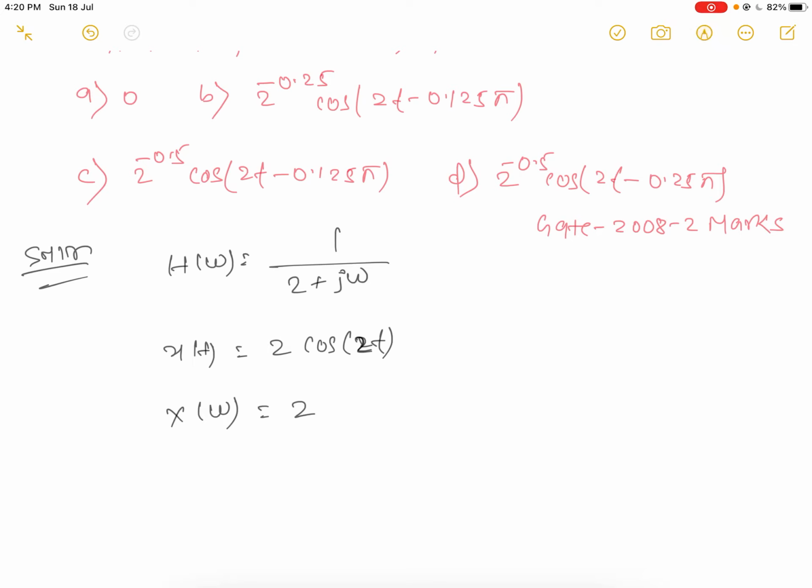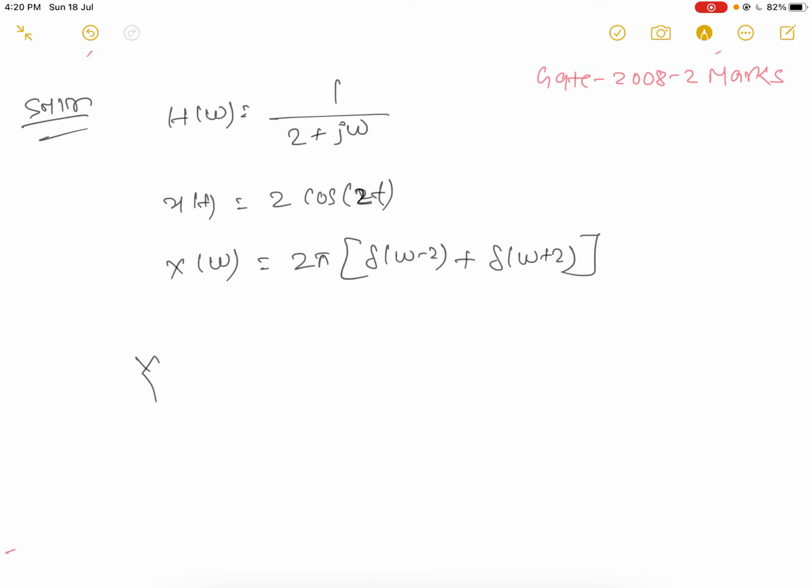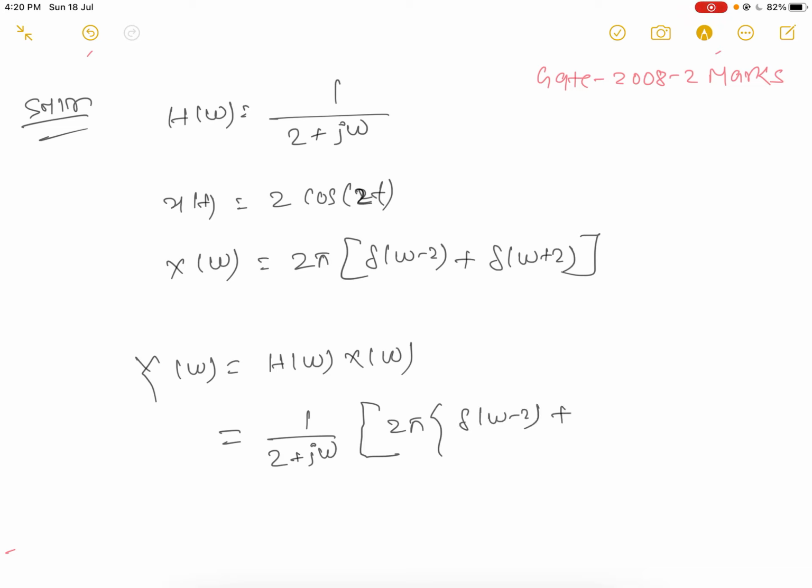Then X(omega) will be 2 pi [del(omega minus 2) plus del(omega plus 2)], and the output will be H(omega) into X(omega). Now multiply it, 1 upon 2 plus j omega and 2 pi [del(omega minus 2) plus del(omega plus 2)].